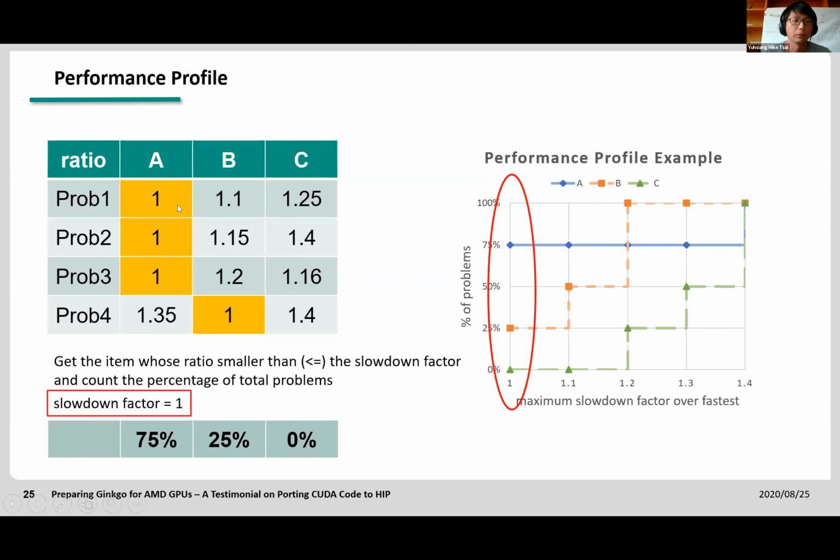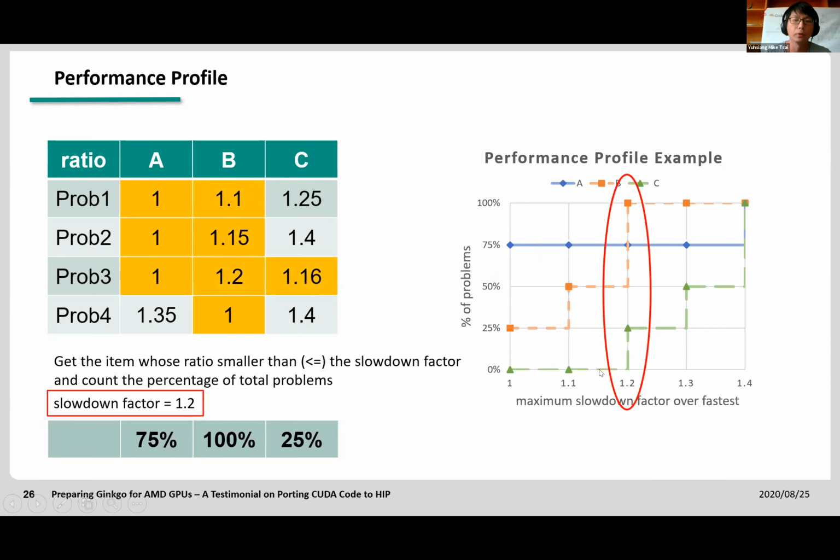So slowdown factor equals 1: A has 3 of 4, so it's 75% here, and B implementation will be only 1 of 4, so it's 25%. And C here. We can increase the slowdown factor to 1.1, 1.2, and 1.3 to count how many problems are within the allowable slowdown factor.